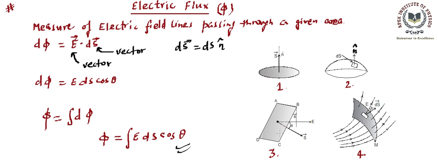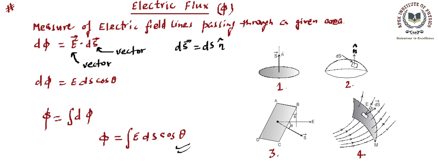In case of non-uniform cases, which is this, we need to perform this integration. So for instance, let's say this shaded portion is a surface from which we are interested in finding the flux, and these are the field lines that have been shown there. So field lines are going to intersect and pass throughout it, right? So what we need to do is consider a small element on that surface. This white color element is a small element.